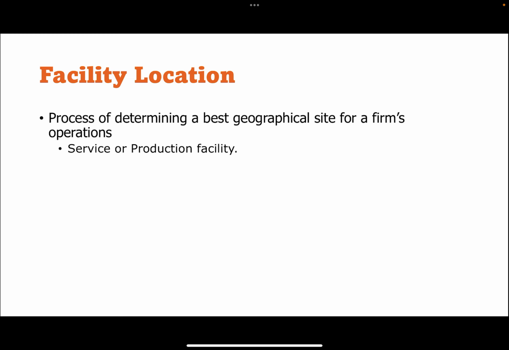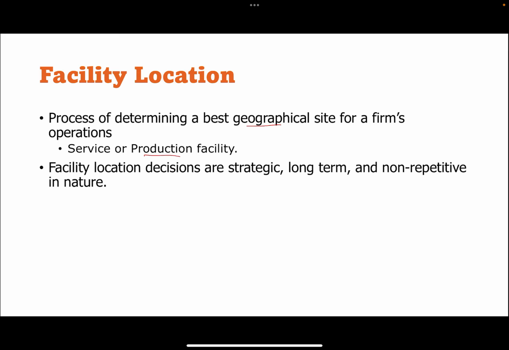So let us now discuss what is the process to determine the best geographical site for a firm's operation, service, or production facility. See, facility location decisions are strategic, long term, and non repetitive in nature. What do you mean by that?